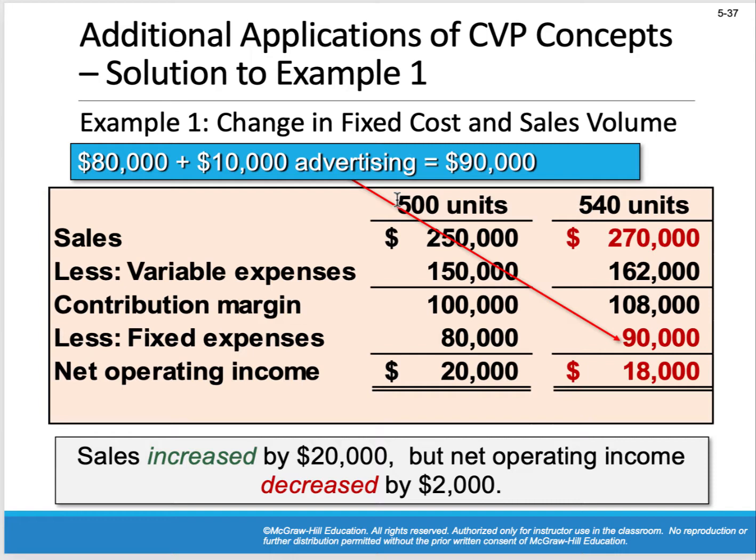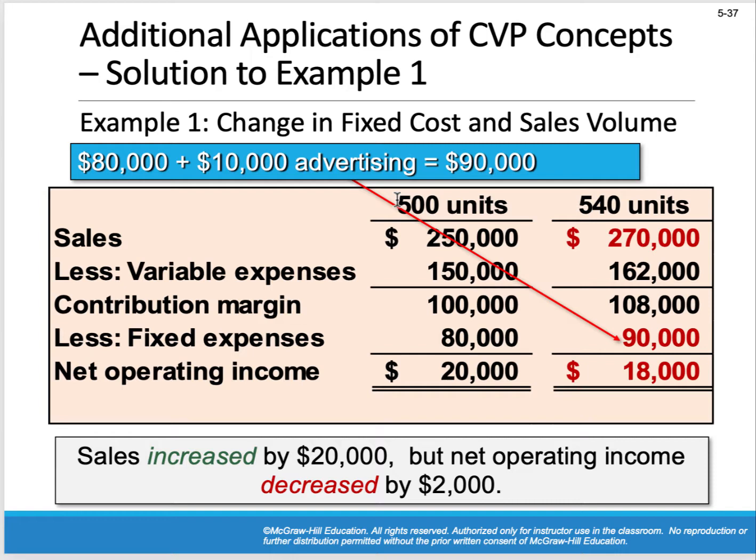Remember how variable costs behave. In total, they change in direct proportion to changes in levels of activity. So because our sales went up, in total, our variable expenses are also going to go up. Contribution margin is going to go up as well. Remember what the contribution margin is: sales less variable expenses.